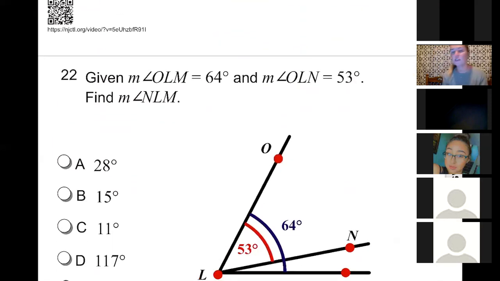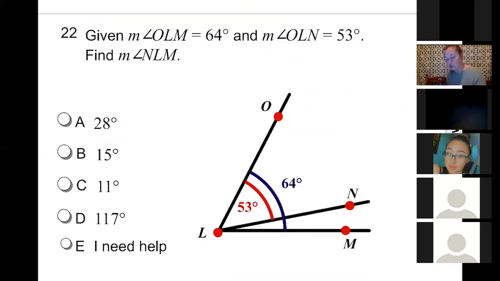Looking at question 22, this is where I think it's confusing just based on the way that they have these drawn in. So let's look at this. We have OLM. OLM is right here. It's this big one. Well, if you notice this big one, you see how this goes across all of them? So that's 64. Okay? So OLM is 64.